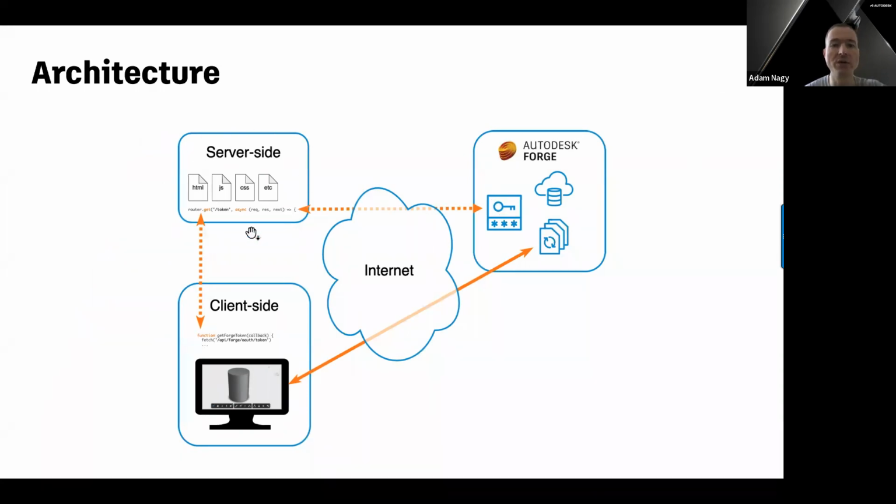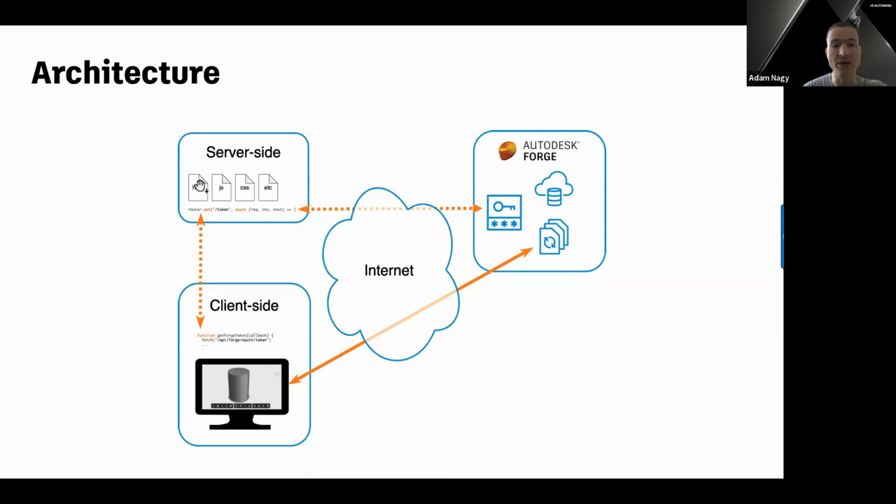And all the files related to our project will be kept on the server side, including the HTML, JavaScript, CSS files, maybe images, and other things as well, which will then be available for the browser in order to present our web page to the user.